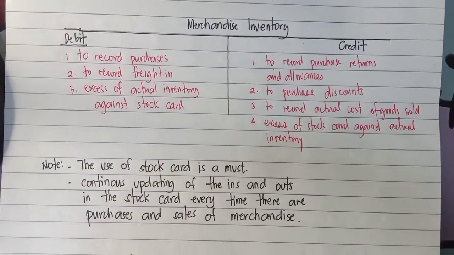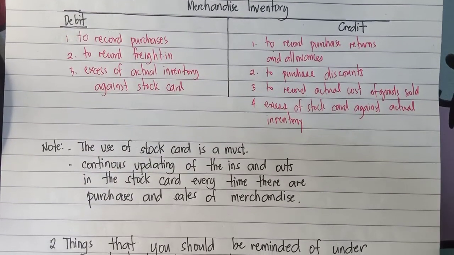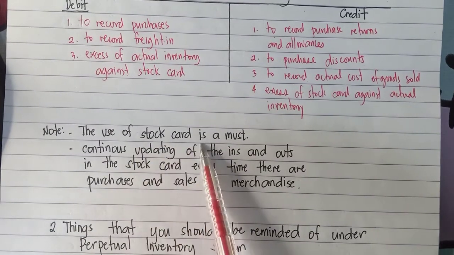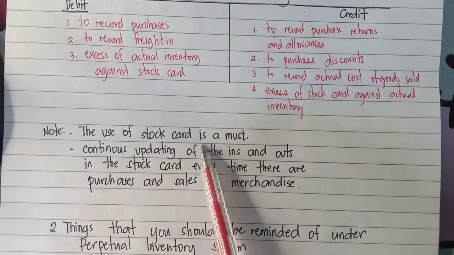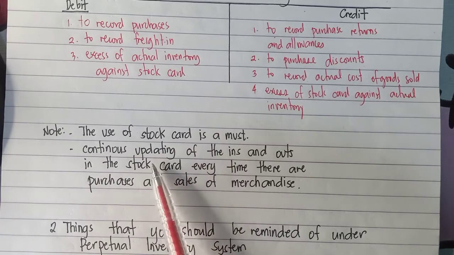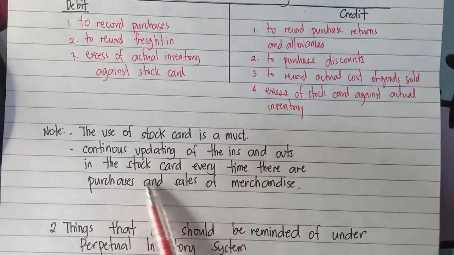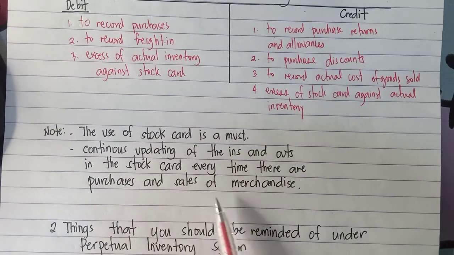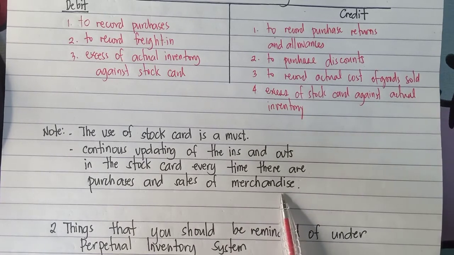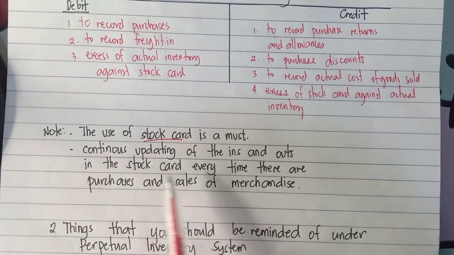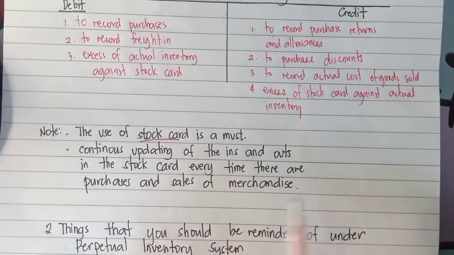Take note that under the perpetual inventory system, the use of stock card is a must because there is also a continuous updating of the ins and outs in the stock card every time there are purchases and sales of merchandise. So, kailangan may stock card and continuous updating of the ins and outs.